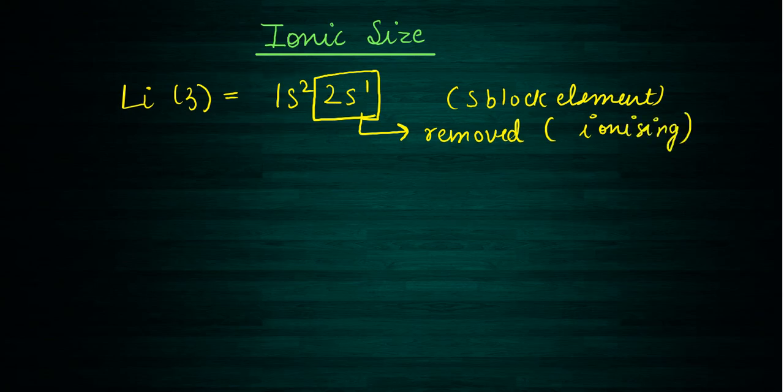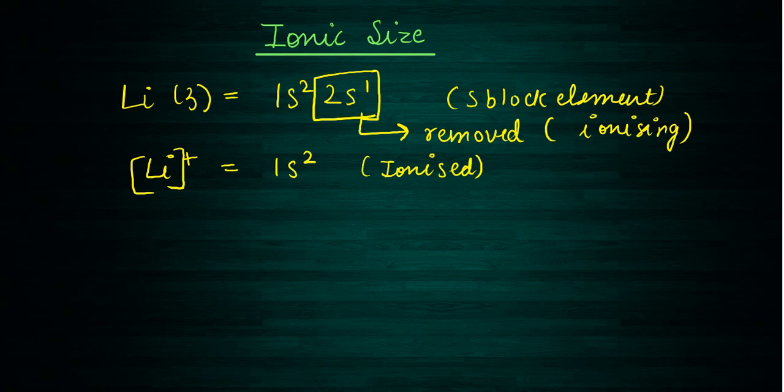That is, lithium turns into 1s2 only. As the one electron is removed, a positive charge is acquired on the atom. That is, lithium is now ionized.